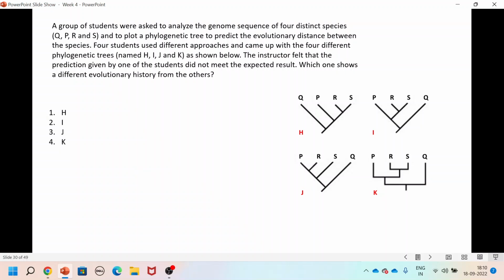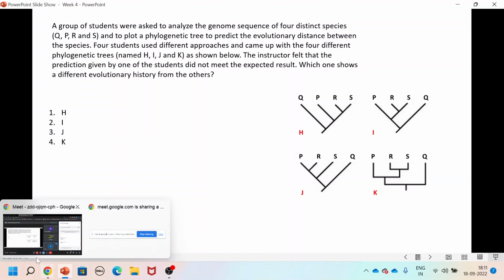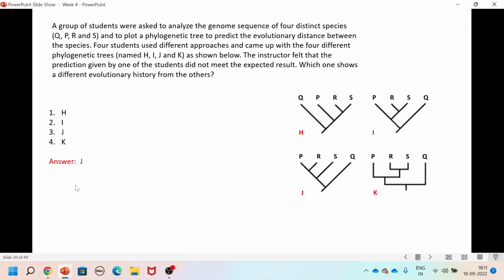One of the concepts I introduced was the clade, and if two or three trees, no matter how we have drawn them, have the same or identical list of clades, then these trees are said to be identical. So, Ricky, can you now check what should be the answer? Why should it be J?